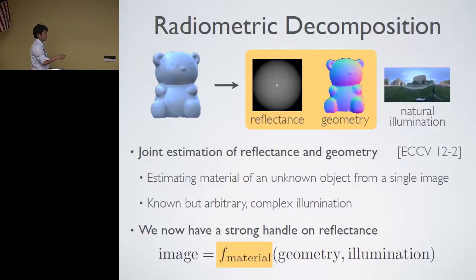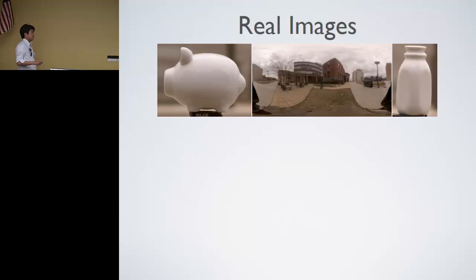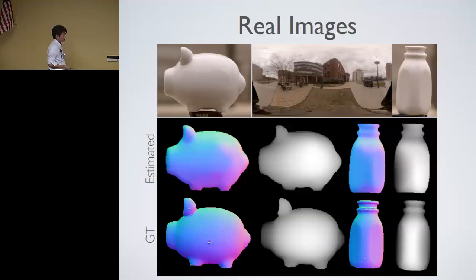I'm not going to go into any details of this, but the idea is pretty much the same. We exploit the structure of natural illumination and the strong prior on the reflectance. So from a single image taken under a known lighting condition, we can recover the surface normals and the depth values from it. And it does a decent job.